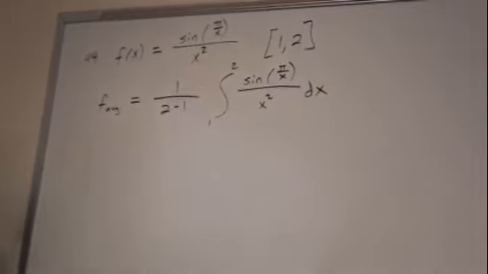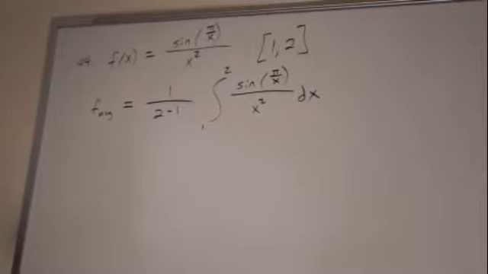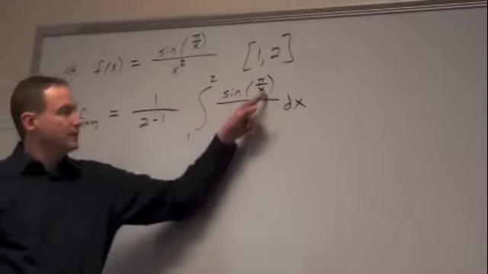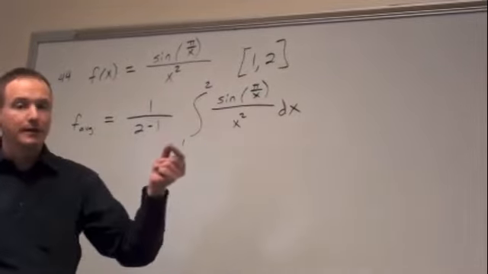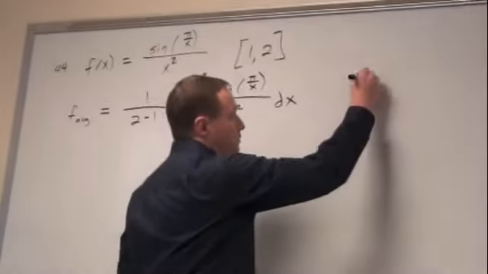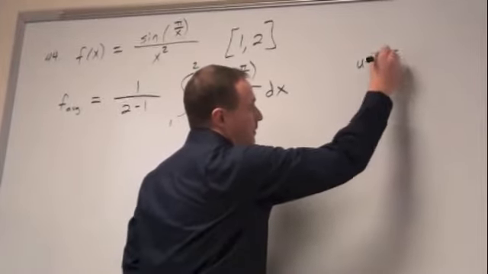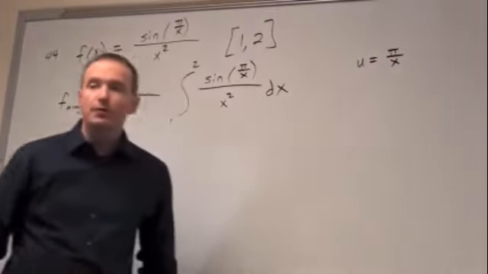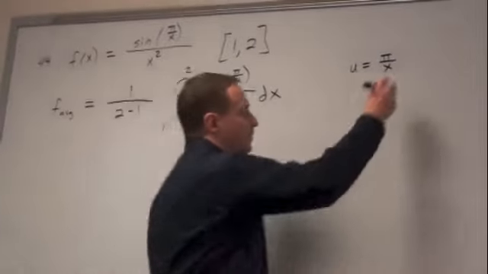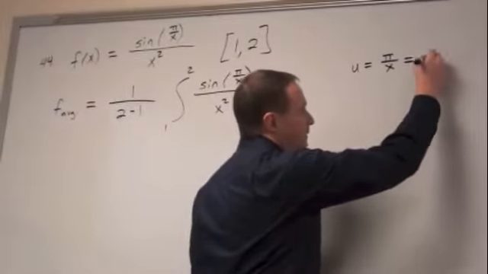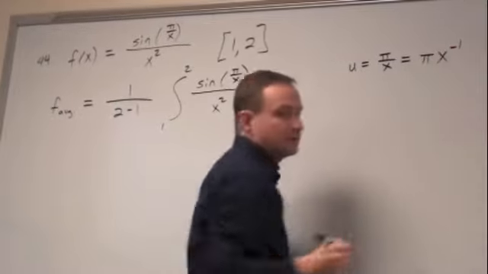Now, at this point, it's not that easy because you have something other than x inside the sine function. That should be a clear indicator. A u substitution is probably in order. So if u is pi divided by x, that is probably more easily written as pi x to the negative 1.